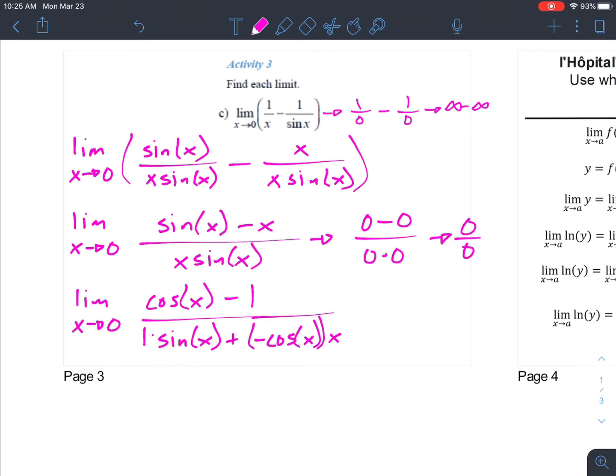Okay, I will do a little bit of simplifying because, well, let's see. We still have an indeterminate form. We would have had 1 minus 1 on top. On the bottom it would have been 0 plus, let's see, negative 1 times 0. We still have an indeterminate form. We need to do L'Hopital's a second time.